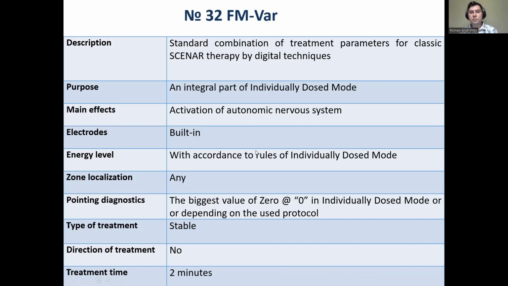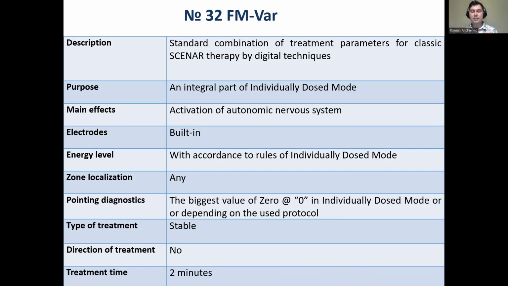Any energy level is in accordance with the rules of individually dosed modes, so really low energy levels. And just like I said, it is put on the biggest value of 0 in individually dosed mode, or depending on the used protocol. So FM war is not something that you improvise with.